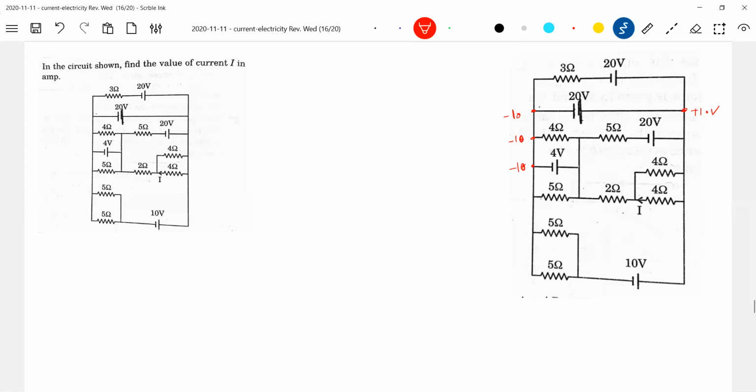There's a minus 10. What can be the potential? Potential difference should be 4, no? So shall we write minus 6 here? Minus 6 minus of minus 10 will be plus 4. This should be minus 6. This should be minus 6.